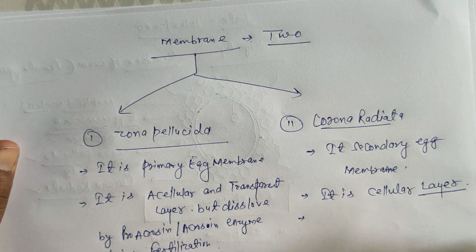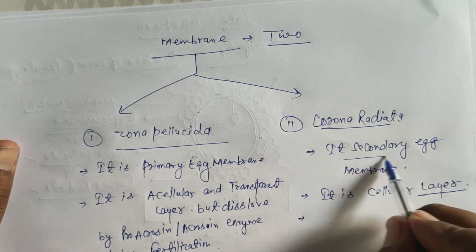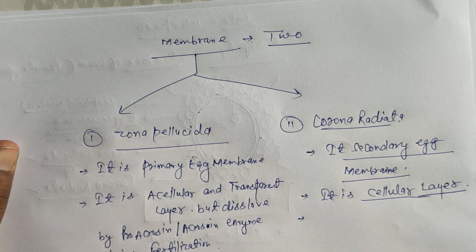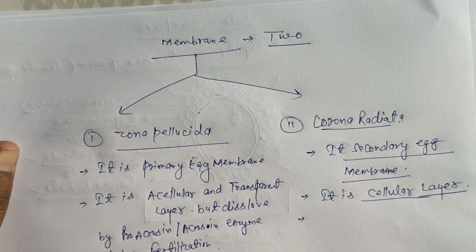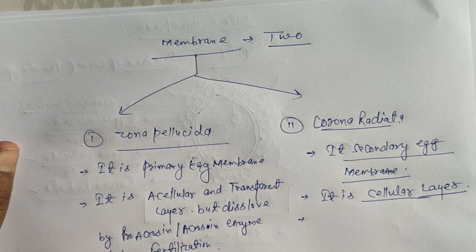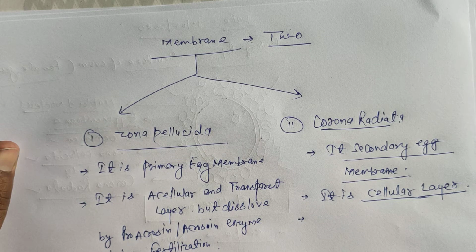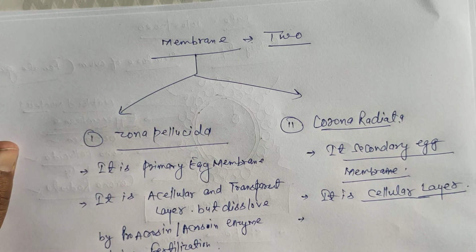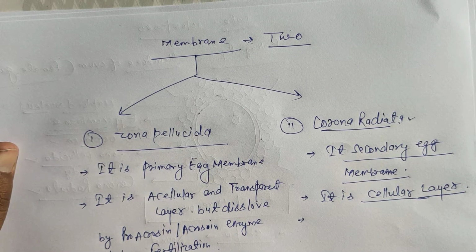Once again, corona radiata is a secondary egg membrane. It is cellular layer. Cell name is follicle cell. It means follicle cells form a specific secondary egg membrane, corona radiata. Next, follicle cells are properly bound by a specific acid, hyaluronic acid. During fertilization, corona radiata is dissolved by hyaluronidase.